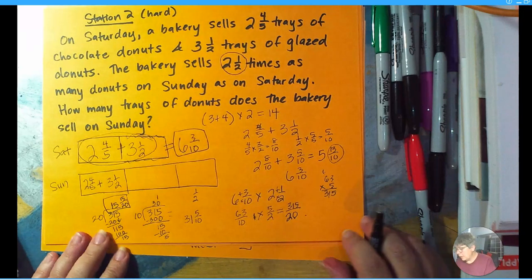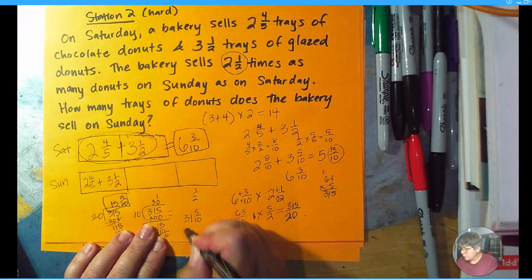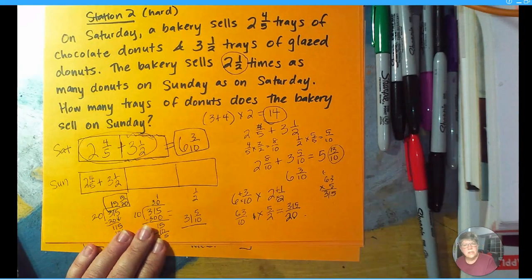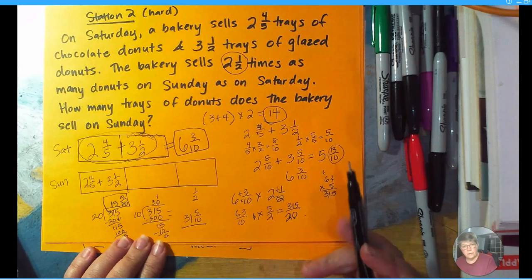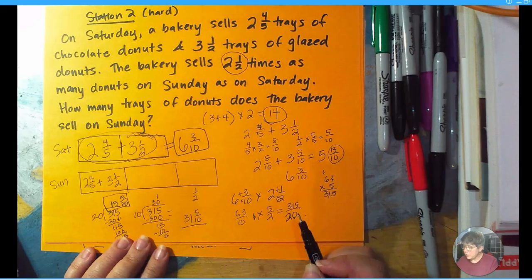And one reason that I knew that the other answer was wrong was because this was 31, but my estimate was 14. So see how important it is to have an estimate, and really you can see quite quickly what your answer is going to be. And then when you do the math, if you're way off, it'll be kind of obvious. So we want to make sure that we write our sentence.